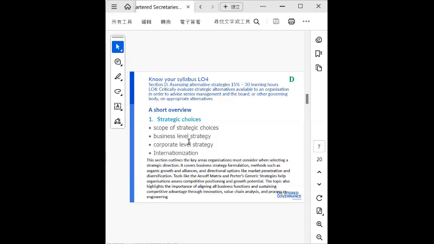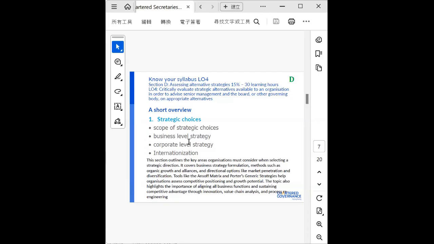So for the first part, there are 4 big topics in here, which are the scope of the choices, business level strategies, corporate level strategies, and internationalization. So it outlines the key areas that the company must consider when selecting the strategic directions.